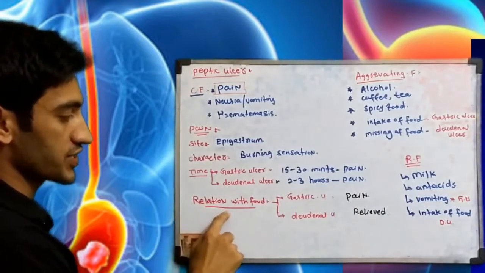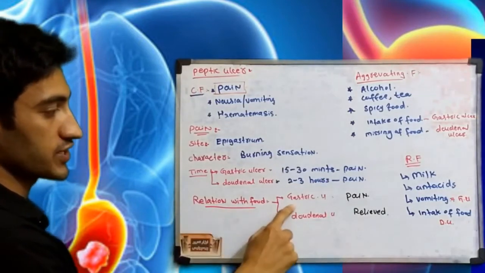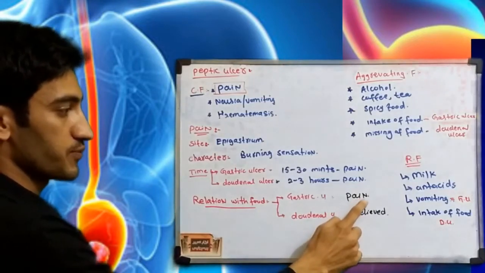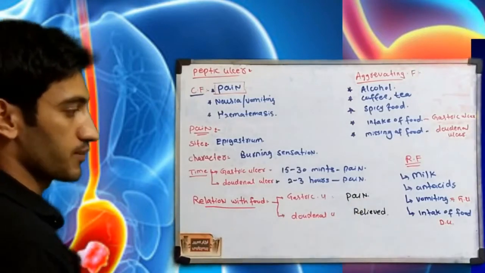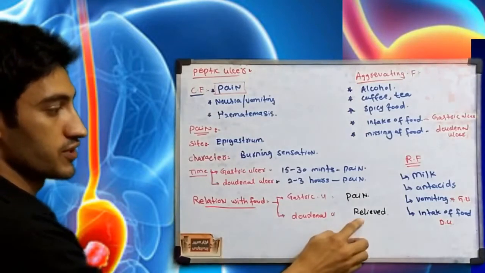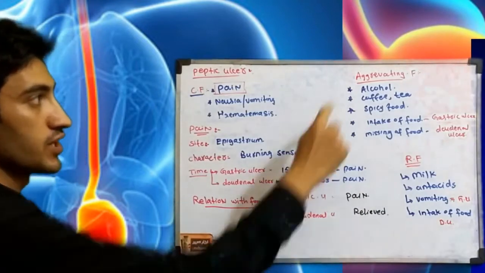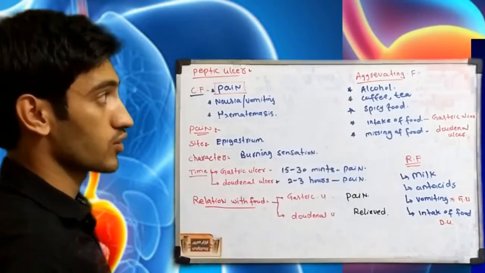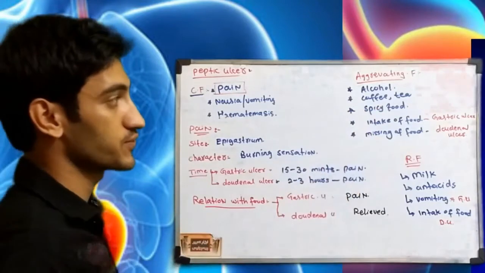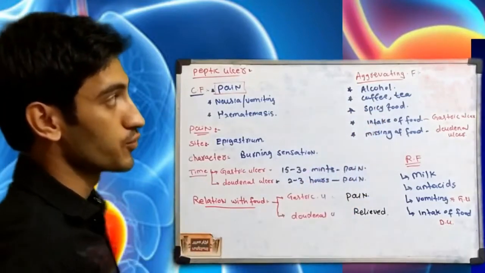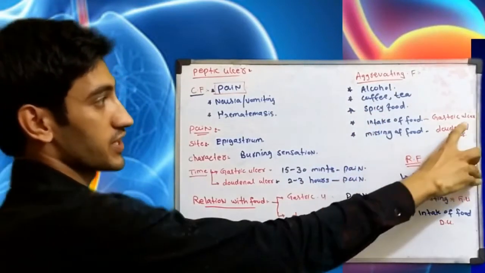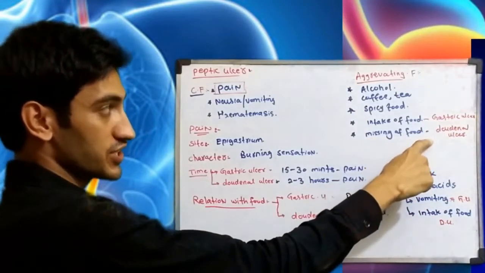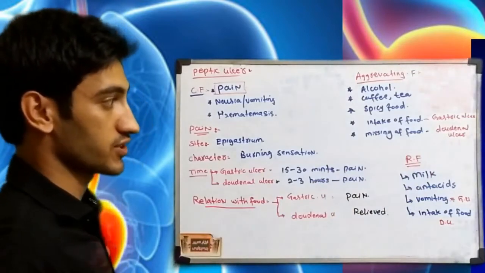Now we talked about the relation with the food. In case of gastric ulcer, when the patient takes food, he or she will feel the pain. In case of duodenal ulcer, when the patient takes food, the pain will be relieved. Now the aggravating factors: alcohol, coffee and tea, spicy food. Intake of food will increase the pain in case of gastric ulcer, and missing of food will increase the pain in case of duodenal ulcer.